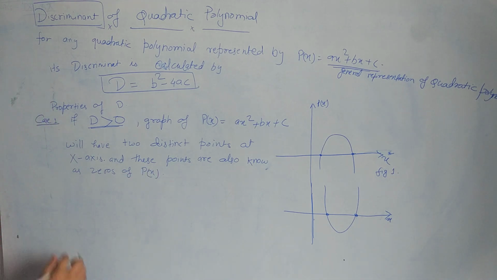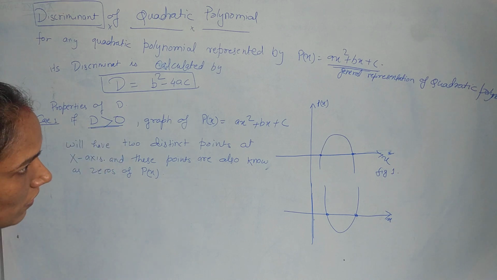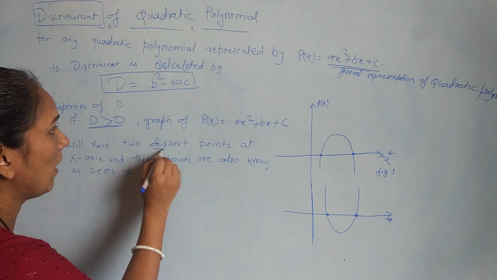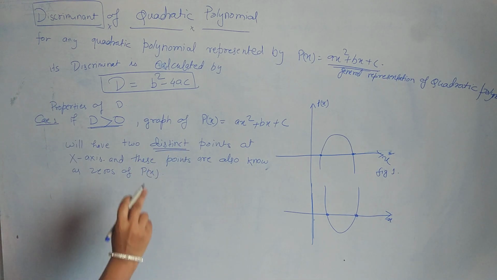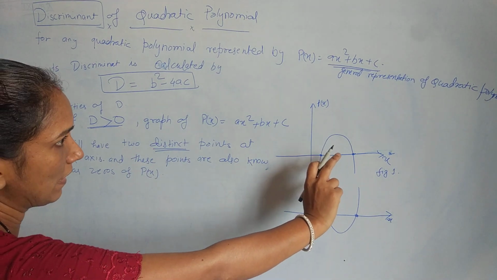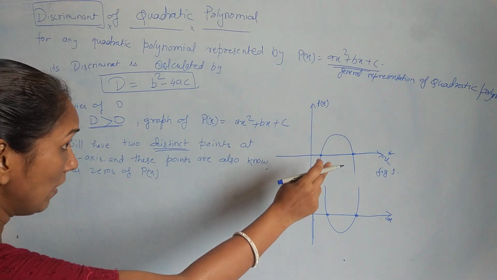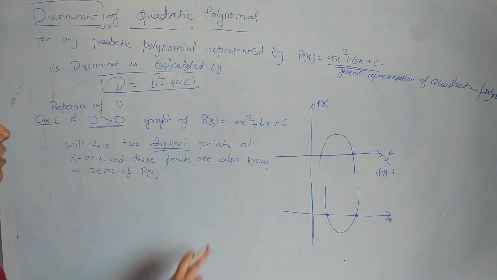So when D is greater than 0, we are going to have a distinct solution. That means the graph will intersect the x-axis at 2 distinct points, and those points are also known as zeros of P of x.